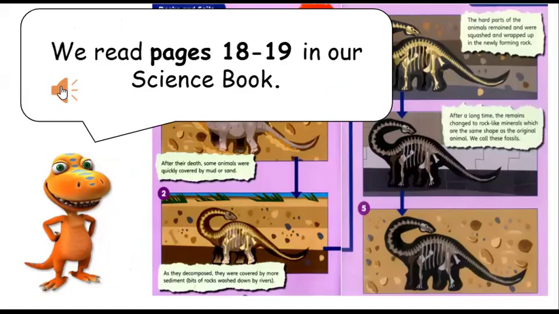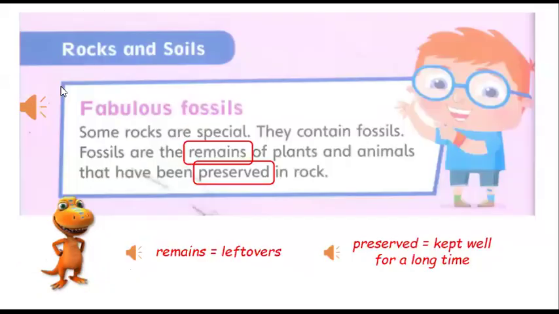We read pages 18 and 19 in our science book. Some rocks are special. They contain fossils. Fossils are the remains of plants and animals that have been preserved in rock.